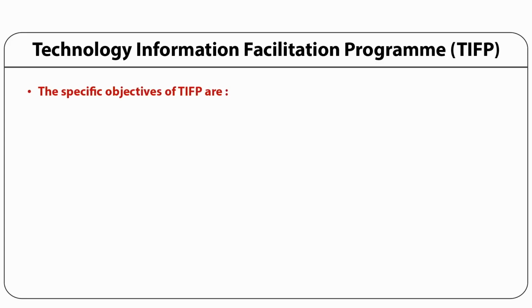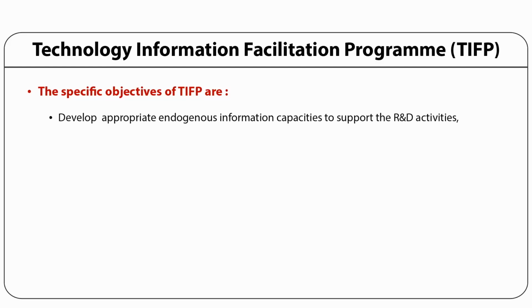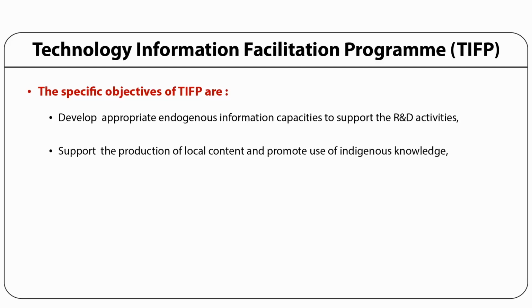The specific objectives of TIFP are: firstly, to develop appropriate endogenous information capacities to support the R&D activities. Secondly, to support the production of local content and promote use of indigenous knowledge.